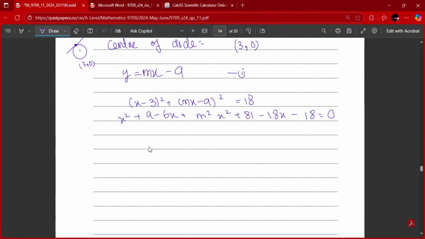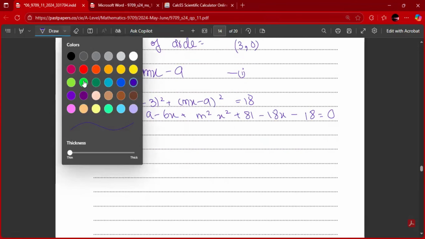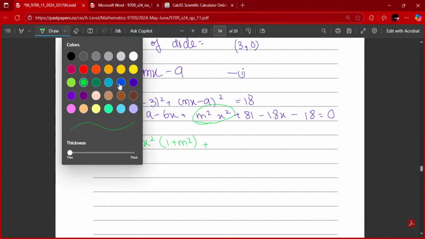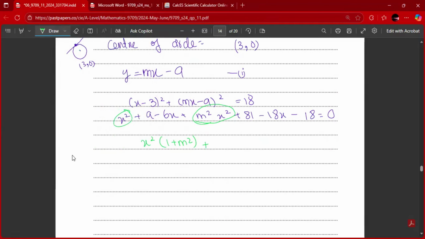Simplification time. Let me just use a different color now. Taking x squared common, 1 plus m squared is left here, plus or negative, it's going to be a negative. Minus 18 and minus 6 is minus 24, so minus 24x.